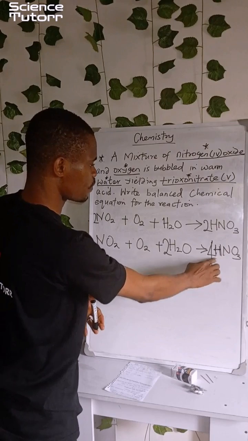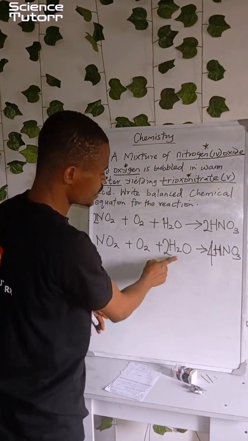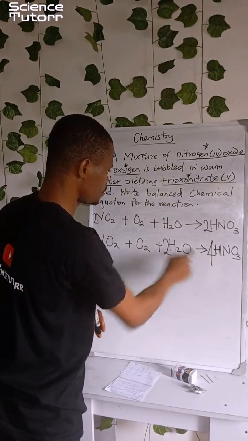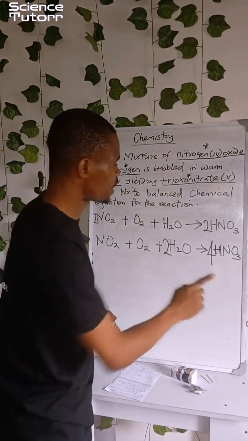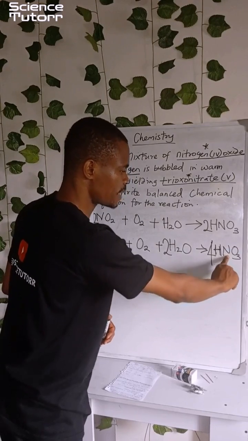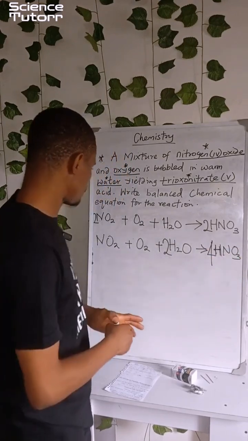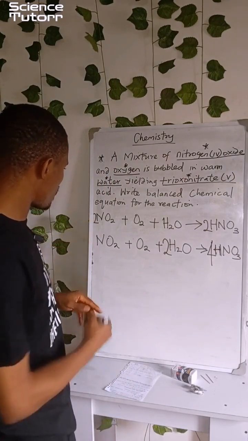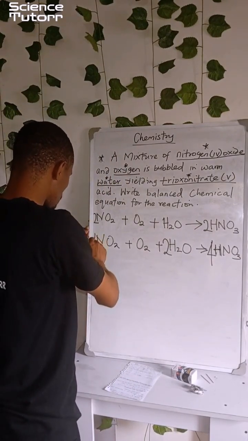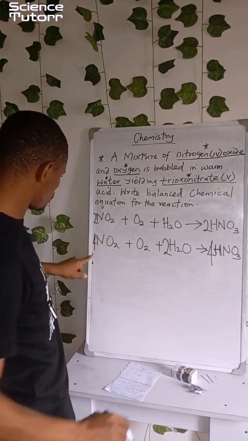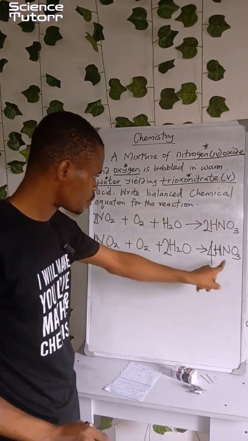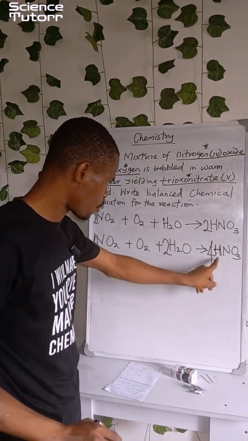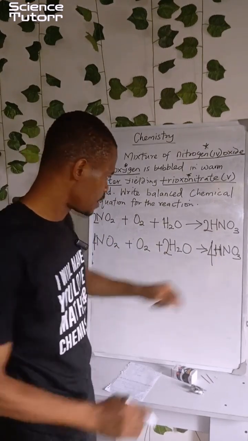On the product, I have 4 hydrogen. On the reactant side, I have 2 times 2 is 4. So hydrogen is complete. I do a check for nitrogen. 4 nitrogen on the product side. On the reactant side, I initially had 2, but now instead of a 2, I'll be using a 4. So 4 nitrogen, it is balanced. 4 hydrogen, it is balanced.